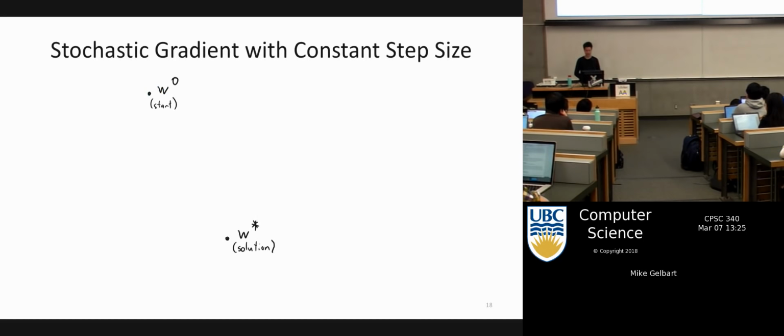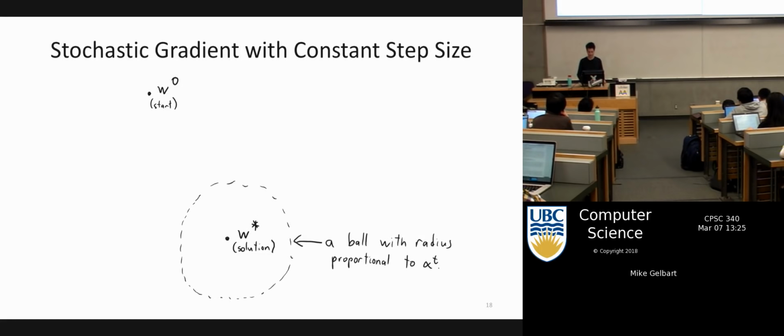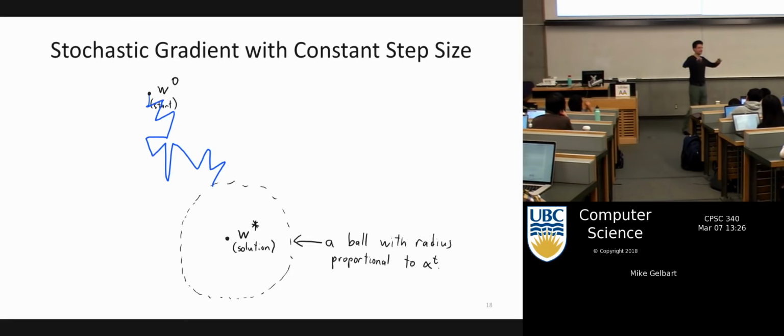So here's where you start. This is in some two-dimensional toy parameter space. Here's the solution. And here is a ball around the solution with radius alpha. Roughly, you can think about stochastic gradient descent as making reasonable progress towards the solution when I'm far away.